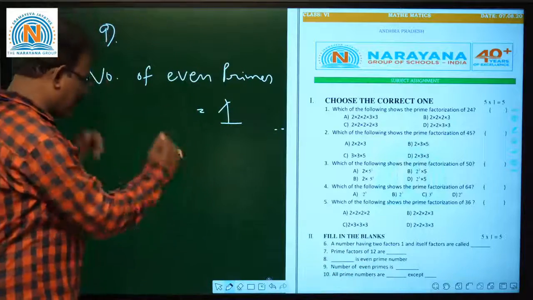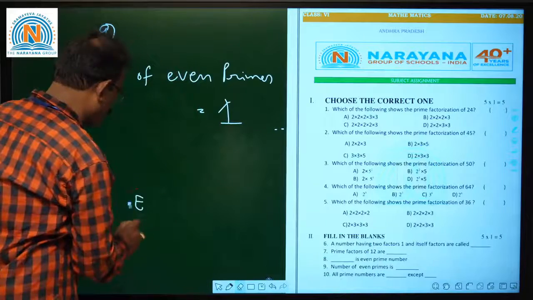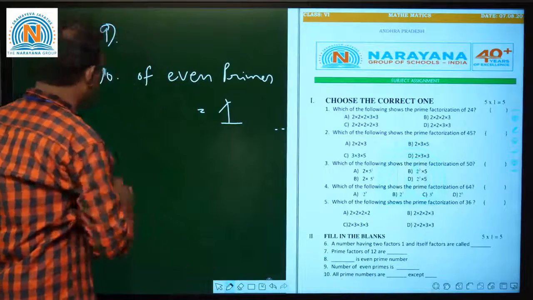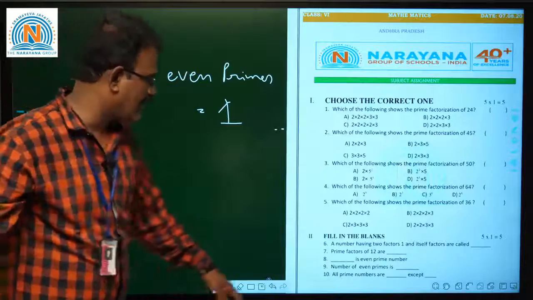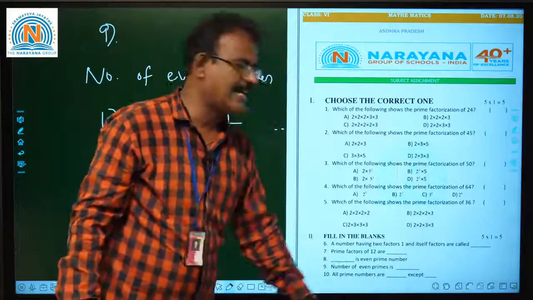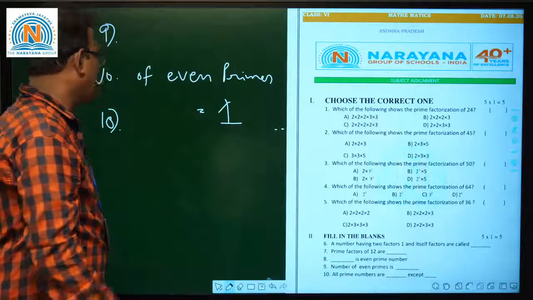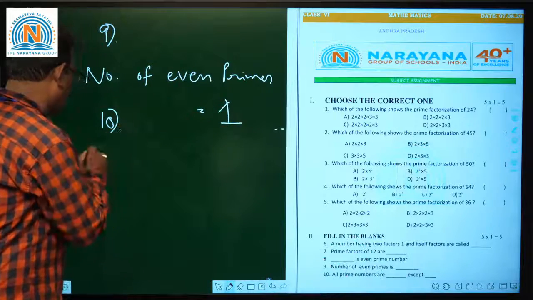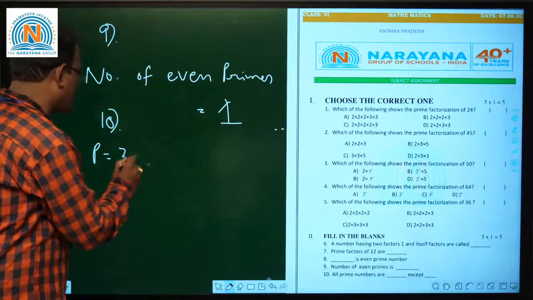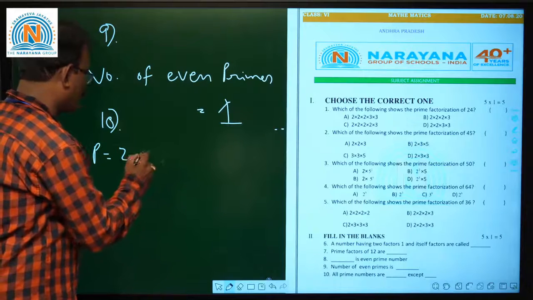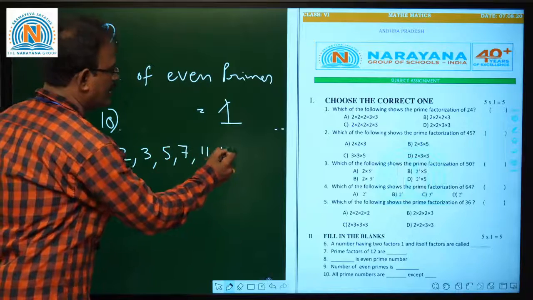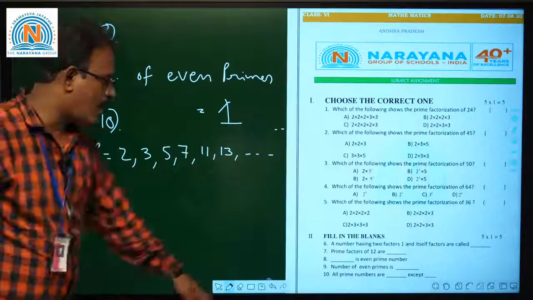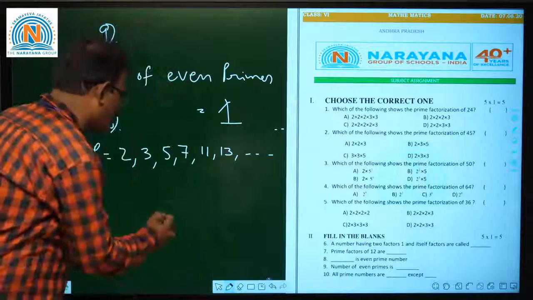And from this concept, the 10th question and the last one: all prime numbers are dash except dash. What are the prime numbers? If you see the prime numbers 2, 3, 5, 7, 11 and 13 and so on, all prime numbers are odd.